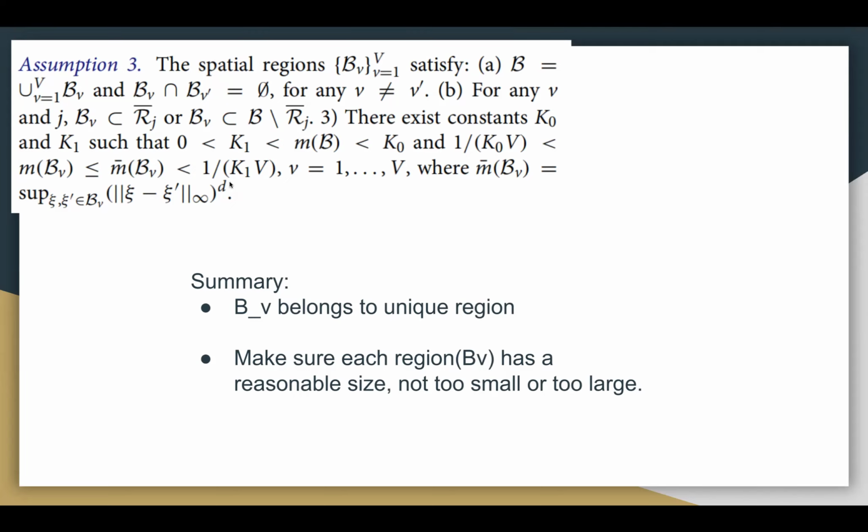So for all the assumptions, it's just to make the active region not too large or too small. For the mathematical explanation, I don't have a very strong explanation of it. If you want to read it now, or I can continue.